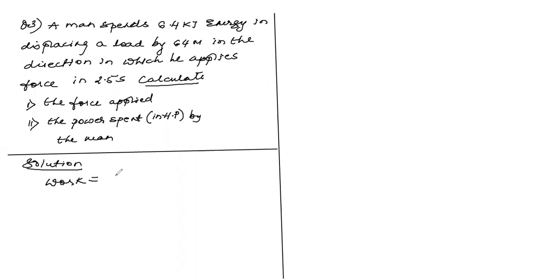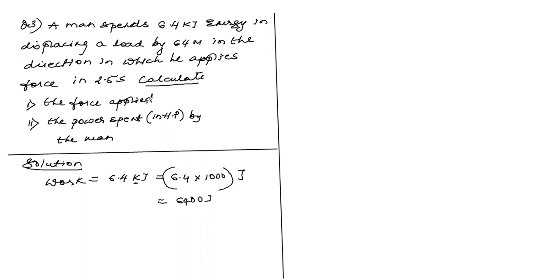Work done is 6.4 kilojoules, but kilojoules is just a higher unit of work. So it's not an SI unit. So 6.4 into 1000. Kilo matlab K is kilo. Kilo matlab 1000 joules. Are you getting me? And that kilo gets converted. Okay, 1000 joules. So basically, it is nothing but 6,400 joules.